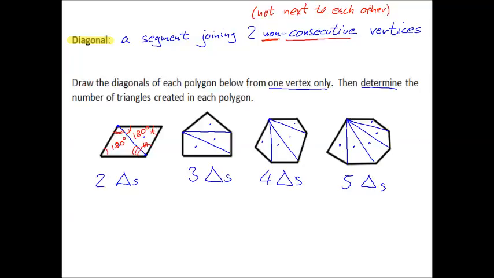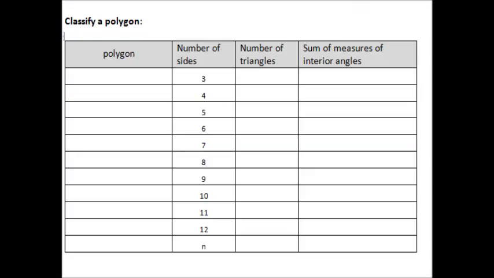So let's go to our table and mark down what we have found out so far. We're going to use this table to classify polygons, and basically what that means is to name it by the number of sides.